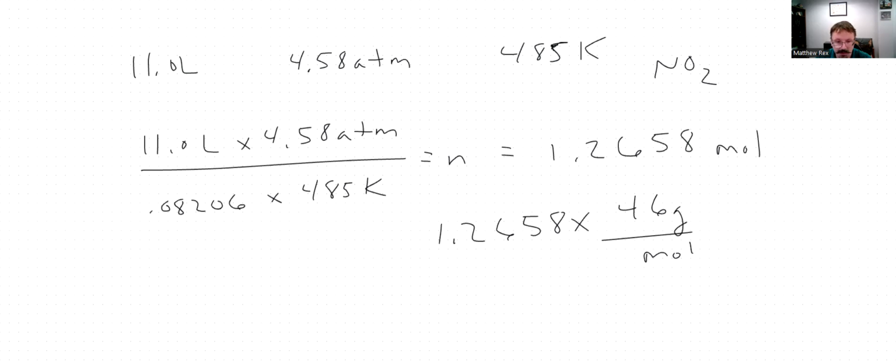That should give us, in this case, 58.2 grams. Other versions may have slightly differing numbers of liters or temperature, so you may get a different answer if you had version A or B, but the setup is going to be identical.